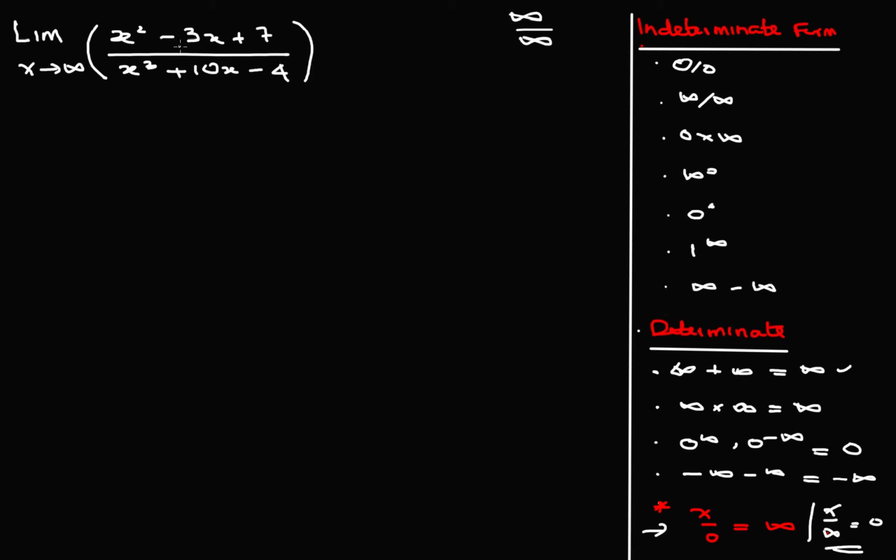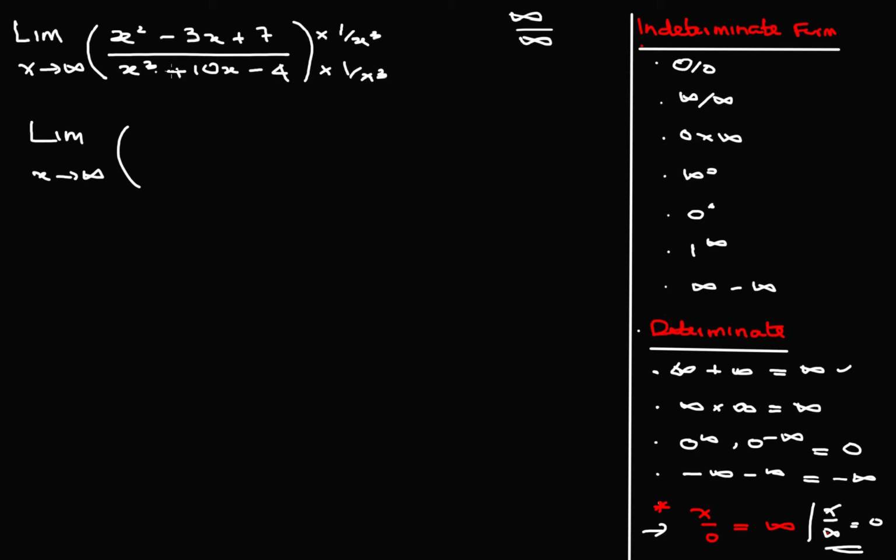So in many forms, this one will be indeterminate. So what do we do? We try to apply this concept. We're going to divide or multiply throughout by the highest power. So here it will be times 1/x³, times 1/x³. So we maintain our notation as always.